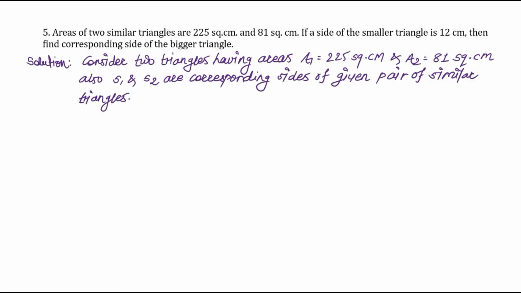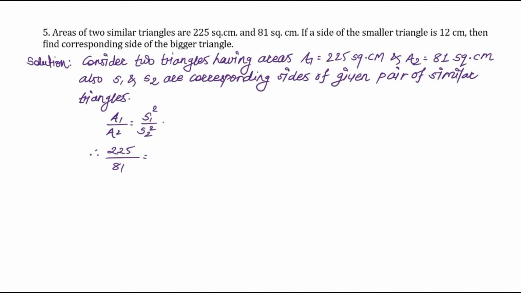So, according to the theorem of areas of similar triangles, we can write A1 upon A2 is equal to S1 square upon S2 square. Therefore, now we have the values. A1 is 225, A2 is 81.